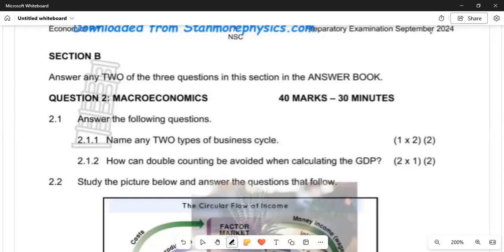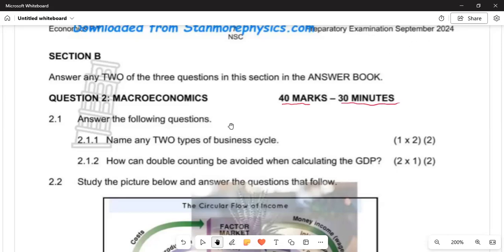Answer any 2 or 3 questions in this section in the answer book. Like I said, you're going to answer 3 of them. So question 2, macroeconomics, you are to get 40 marks and you are to spend 30 minutes on this question.